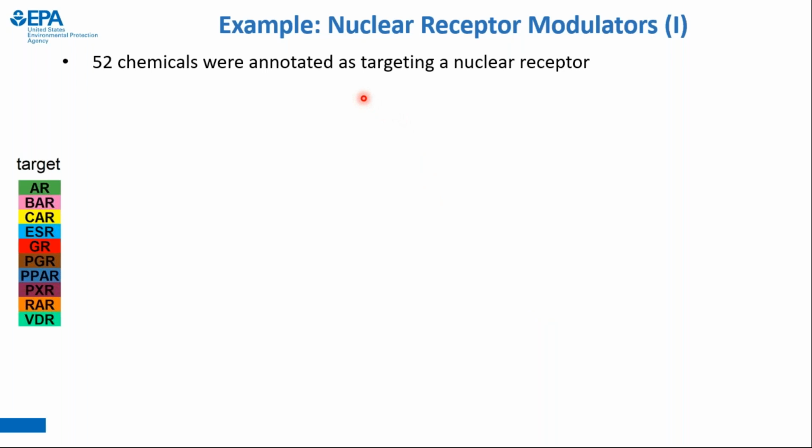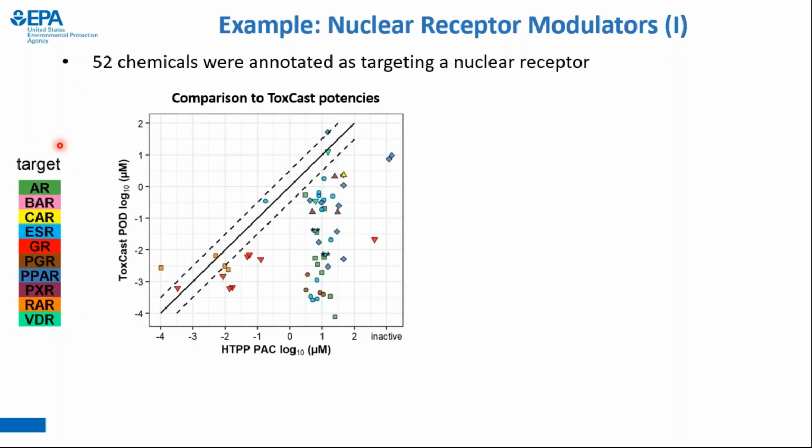They can either be agonists or inhibitors, or sometimes we didn't know the direction. The nuclear receptors that were targets are the ones outlined here on the left. And when I did the scatter plot that I showed before, comparing the HTPP potency to the ToxCast potency, but just for these 52 chemicals, you can see that there are two groups of chemicals.